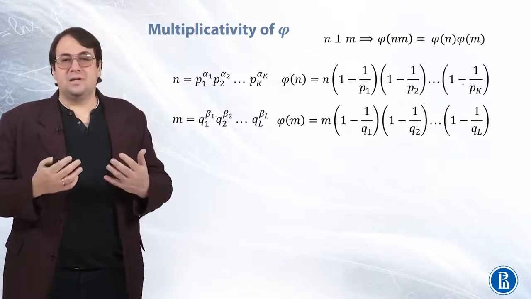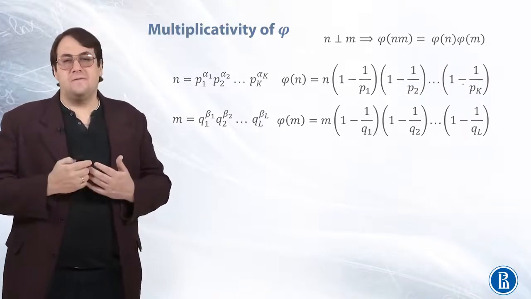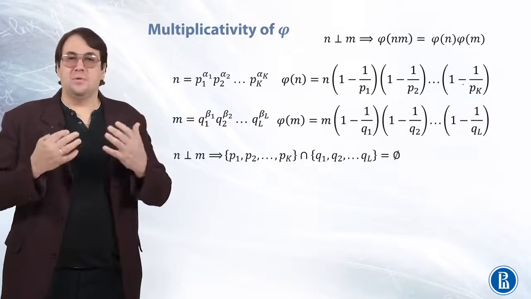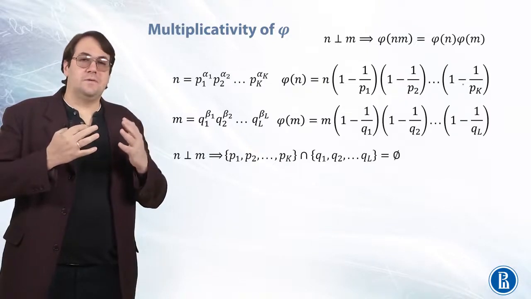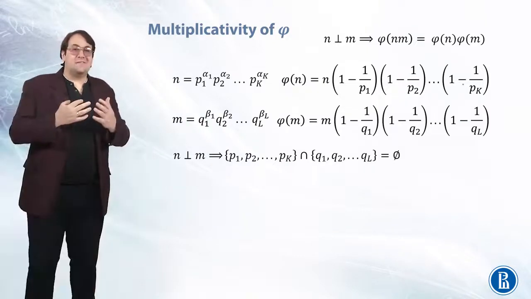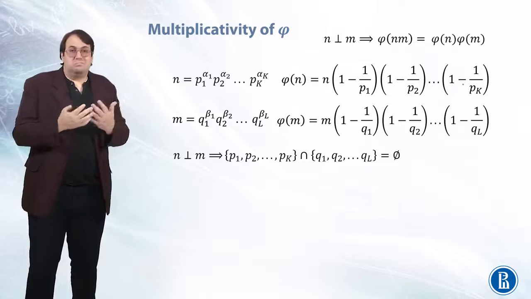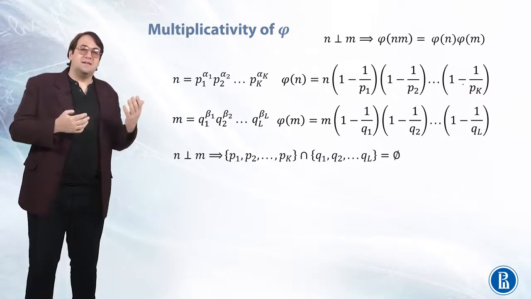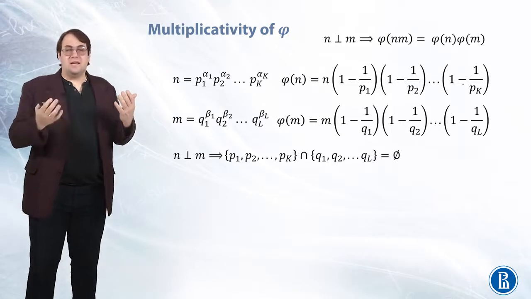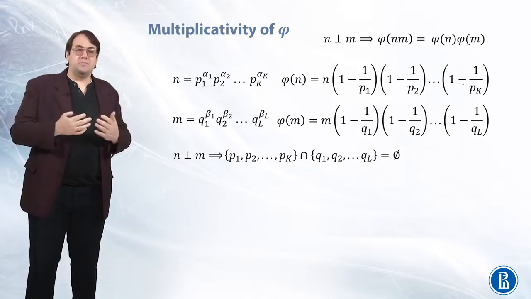And now notice that if n and m are mutually prime, then these two sets of prime numbers have empty intersection. Well, clearly, prime numbers that are divisors of n cannot be divisors of m, and the other way around.